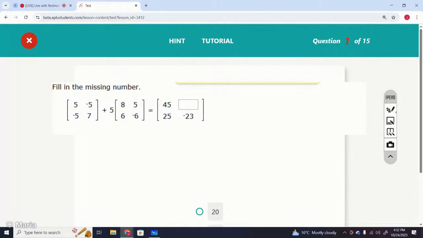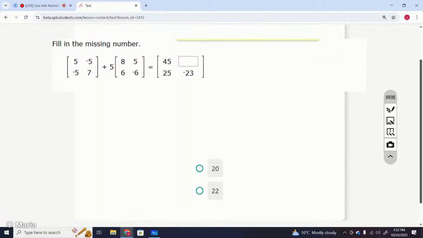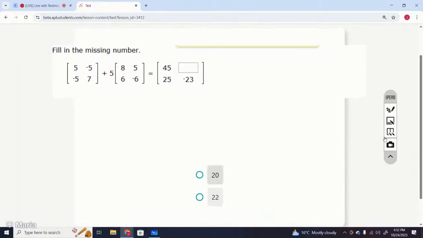Fill in the missing number. That's the one we just did. 20 it is. Option number 1 is the correct option.